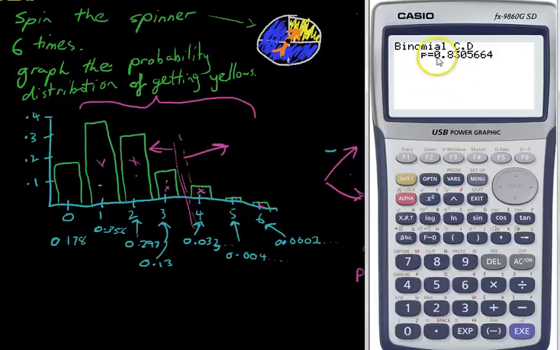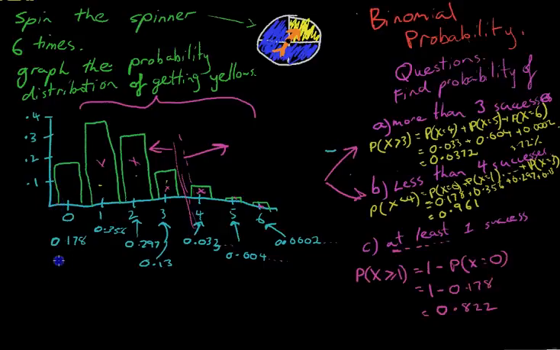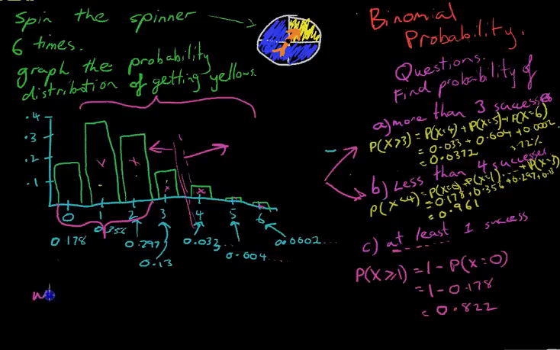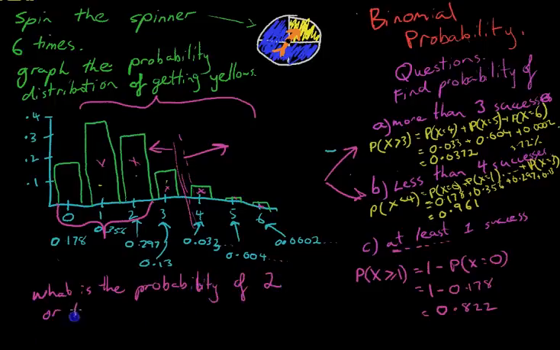What the binomial cumulative distribution tells you is the cumulative probability from 0, from the start of the probability distribution, to whatever number you asked for. So when I typed this into binomial cumulative distribution, I was actually asking what is the probability of 2 or less successes.